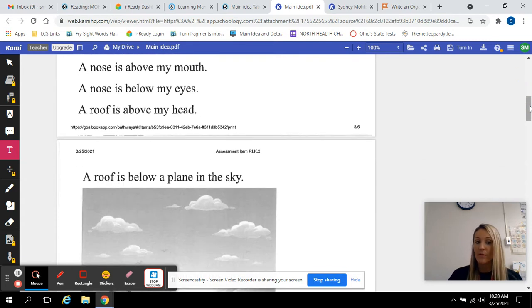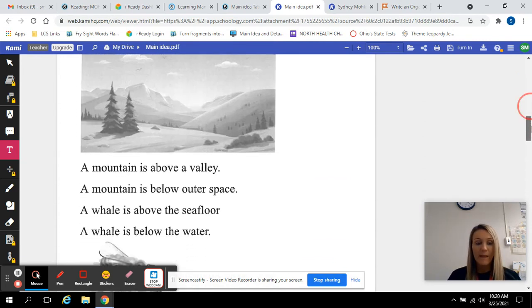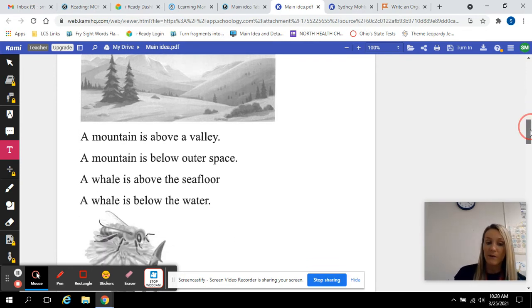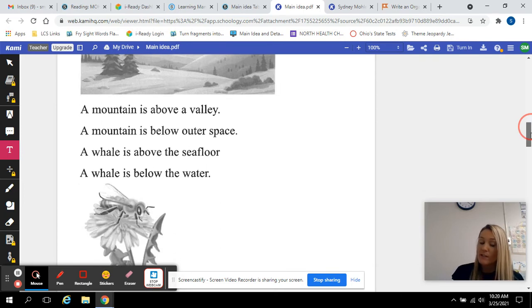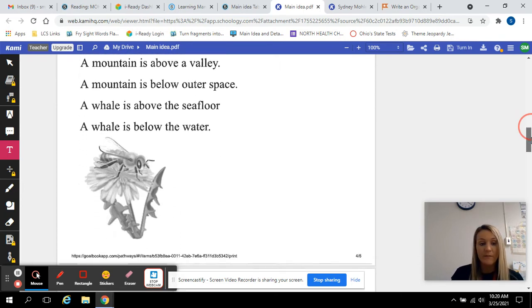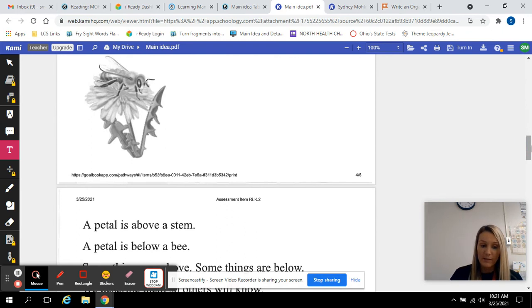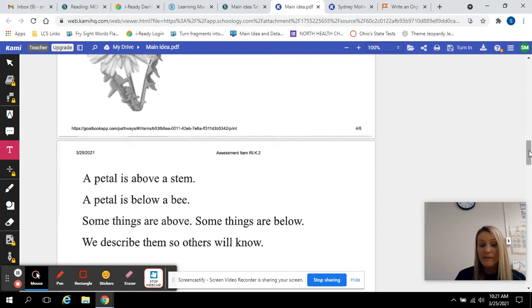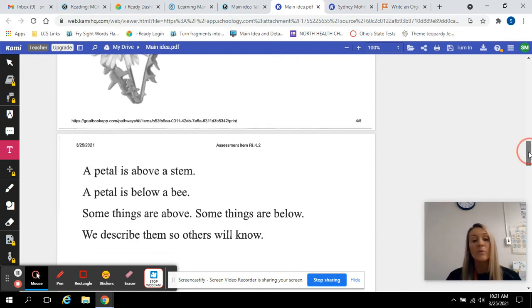A roof is below a plane in the sky. A mountain is above a valley. A mountain is below outer space. A whale is above the seafloor. A whale is below the water. A petal is above a stem. A petal is below a bee. Some things are above, some things are below. We describe them so others will know.